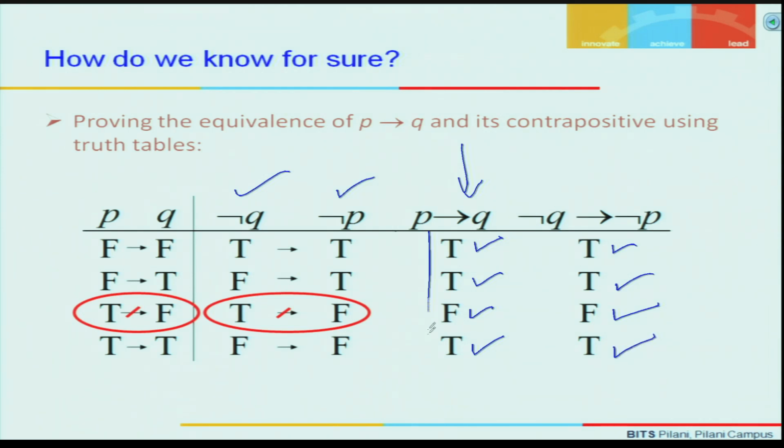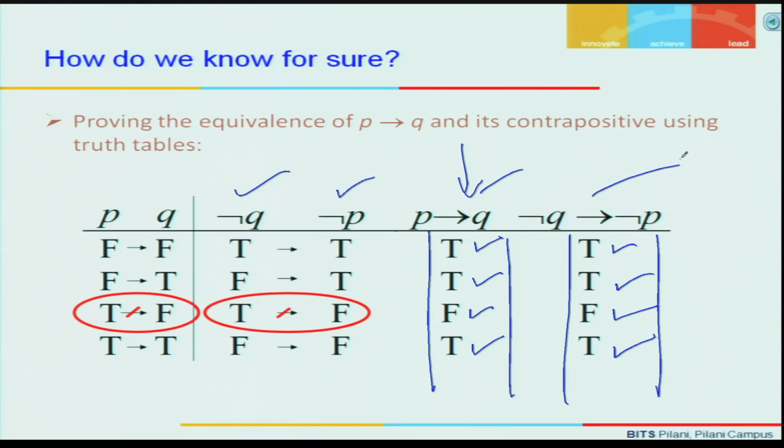If you see, these two columns are exactly the same. What does it mean? For whatever values they take, P implies Q and not Q implies not P take the same truth value, hence they mean the same thing. That is how we prove equivalence of two compound statements.